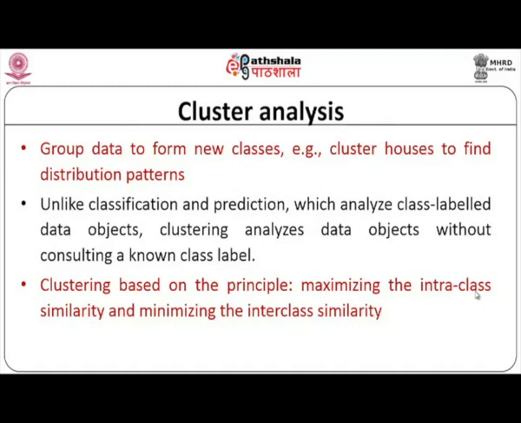In other words, all the data members within the group must be highly similar, only then can they be put into one group. But if you take two different groups, the members across the groups need to be completely different, only then can they be placed in two different groups. Therefore, we maximize the intra-class similarity and minimize the inter-class similarity.